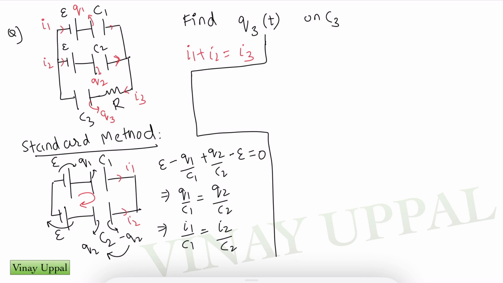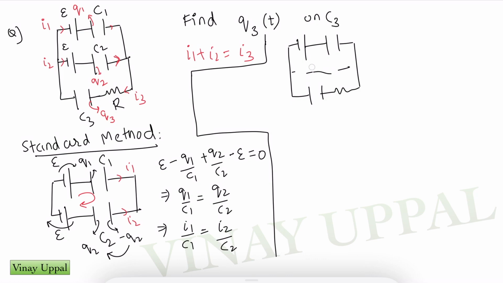Now I'll need to write another loop law. I have to involve I3 as well. So let me write the loop law along the outermost boundary this way. Let me just draw that circuit here. Of course, you have the middle branch as well.